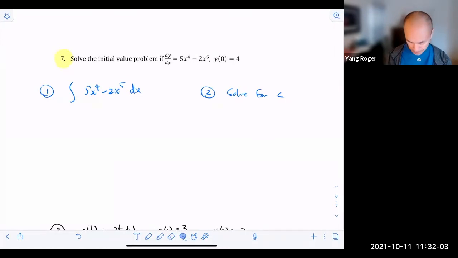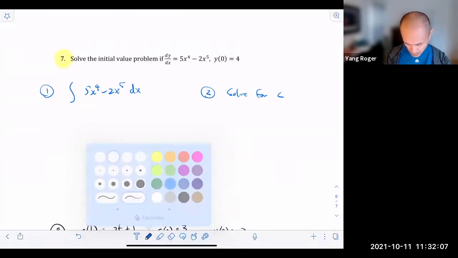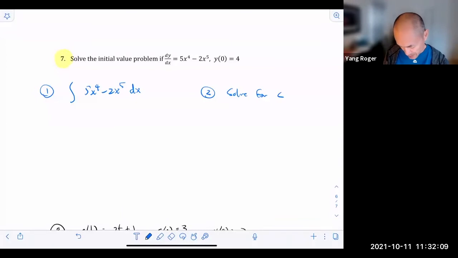So I'm going to start off by finding the antiderivative. The antiderivative is going to be 5x to the 5th divided by 5 minus 2 times x to the 6th divided by 6 plus c. Right, and we can simplify this a little bit.